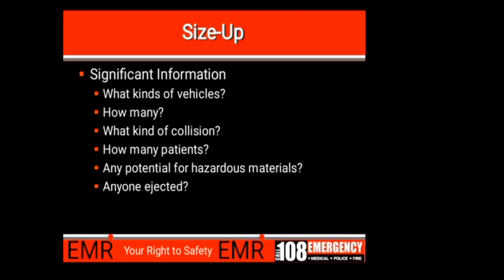Significant information we have to collect from the scene: what kind of vehicle, how many injured, what kind of collision, how many patients, any potential for hazardous material, anyone went away into the field and fell down.